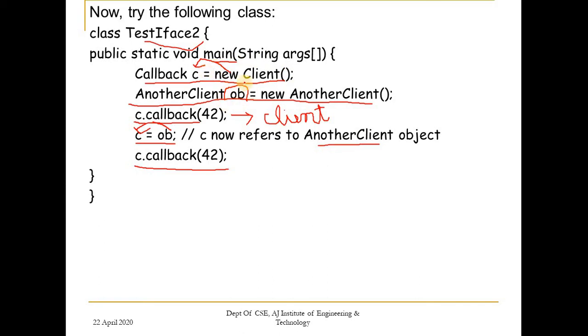Now ob is an object of the AnotherClient class, and that ob you have assigned to C. So C now refers to an AnotherClient object, so C.callback over here will call the callback method of the AnotherClient class.